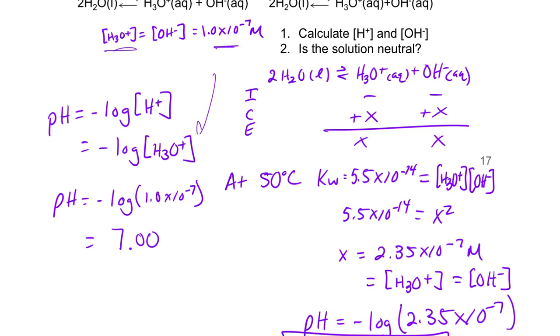Why is the pH, the negative log of the hydrogen ion, the same as the negative log of H3O? Or am I just misunderstanding? Oh, because we essentially use H plus and H3O plus interchangeably. So you may have seen pH equals minus the log of H plus.